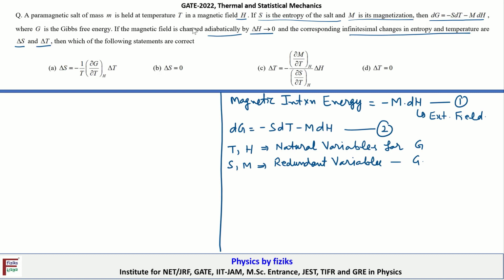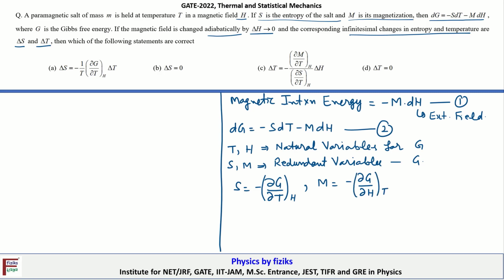So from equation 2, I can write S equal to minus dG by dT, keeping H constant. When we keep H constant, dH will be 0, so S is equal to minus dG by dT. Similarly, I can also write M equal to minus dG by dH, keeping temperature constant.